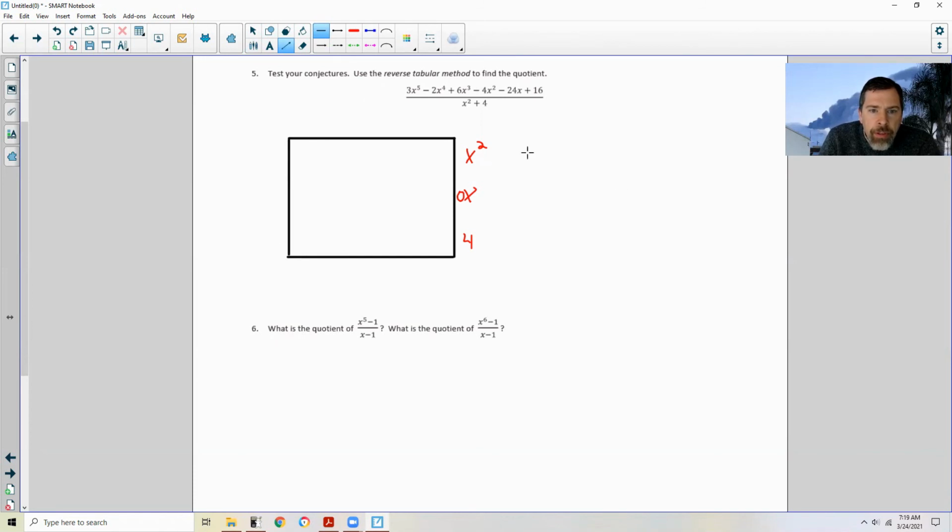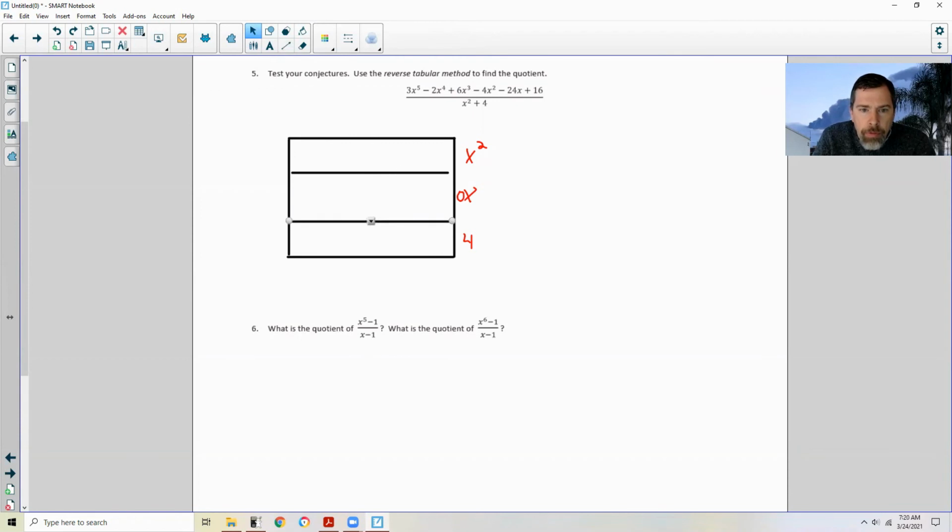All right, so here's our box. We have 1, 2, 3, 4, 5, 6 terms. So for starters, I know that it's 3 rows. Okay, close enough. So there's 3 rows.